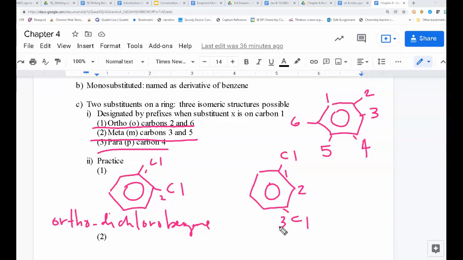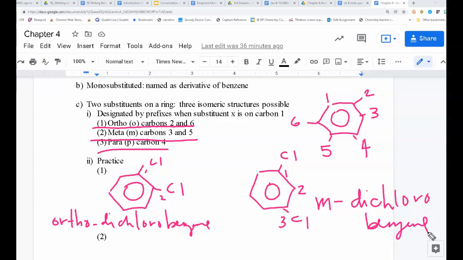The 1 and 3 locations are going to be M, or meta. So instead of using the word meta or ortho, I could use the letter M, and now I get to call it M-dichlorobenzene. So it's just going to be dependent upon where they are located.